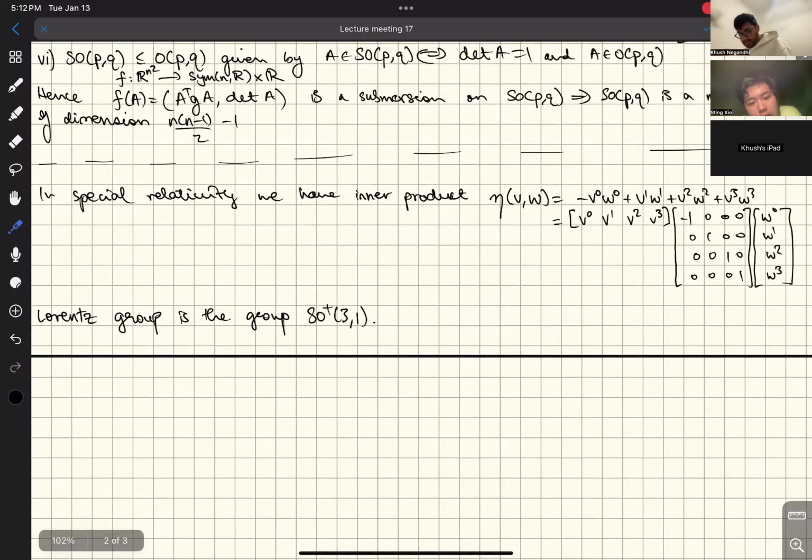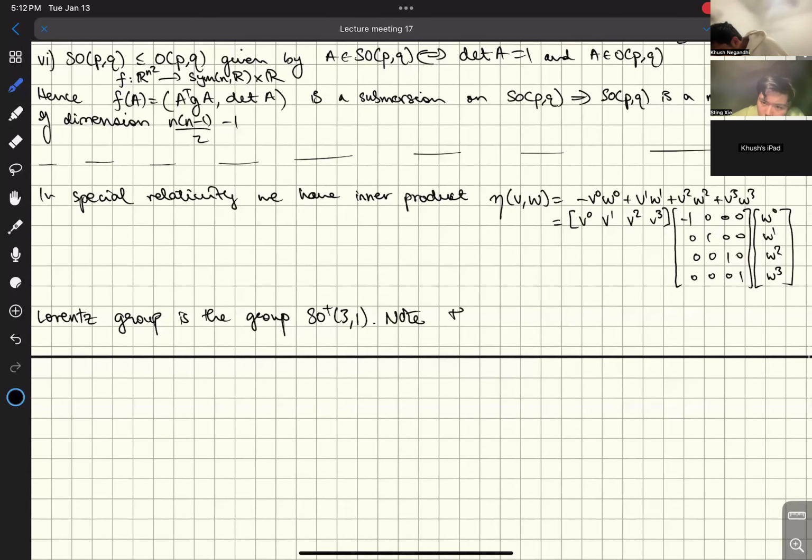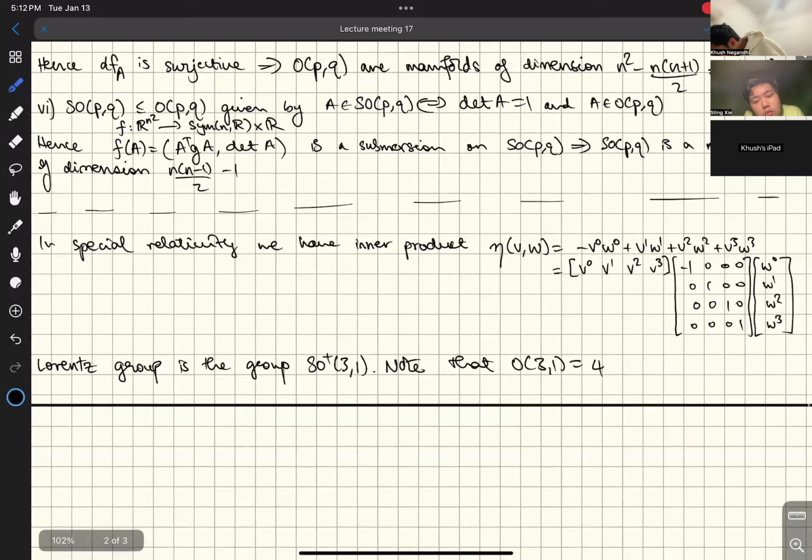Okay. With that out of the way, now we can talk about the dimension of this object. So note that O(3,1) has dimension 4 times 3 divided by 2, or 6.